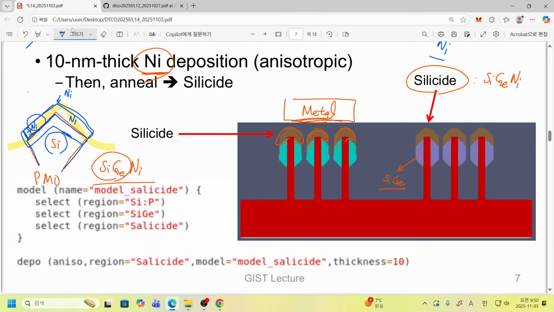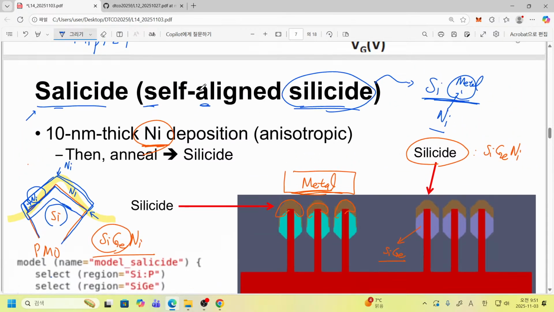So the boundary between silicon and nickel silicide is not exactly the initial boundary between silicon and nickel. That is also quite frequently seen in another very important process called oxidation.